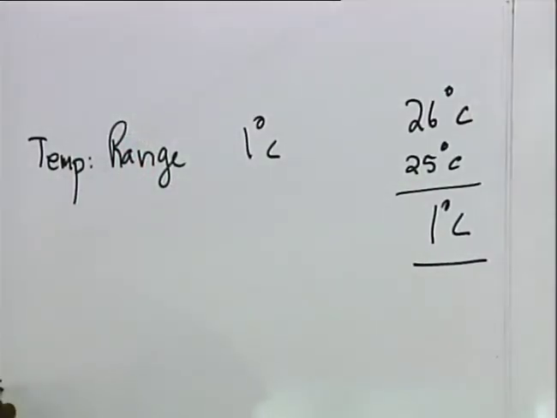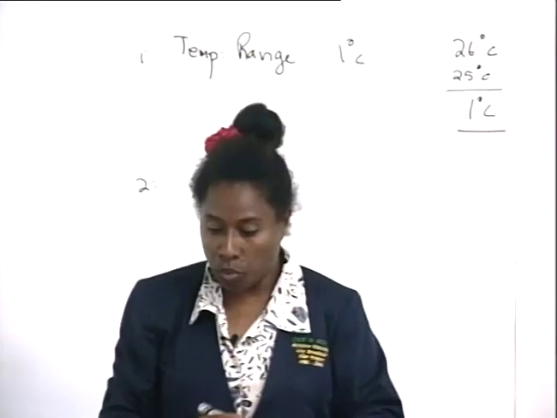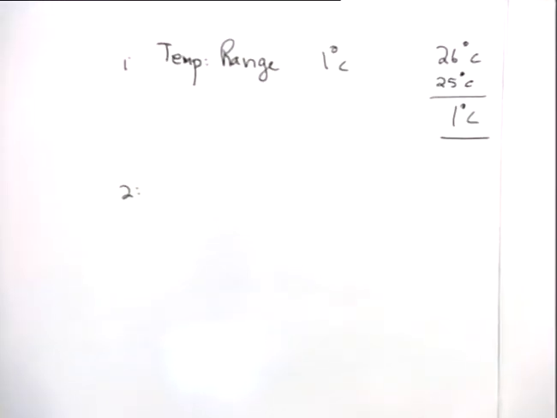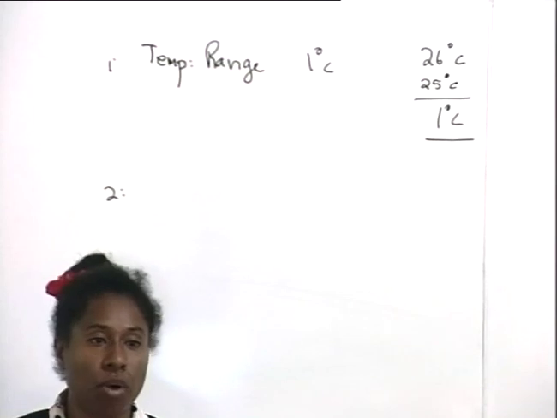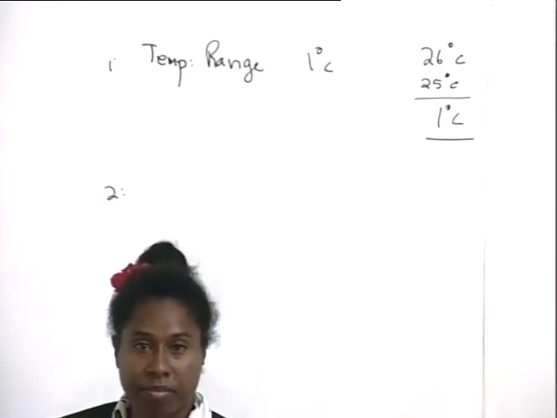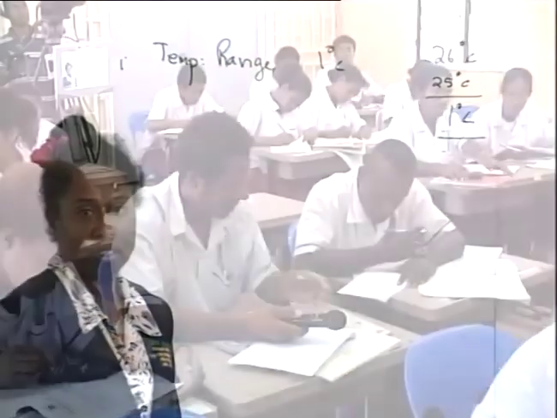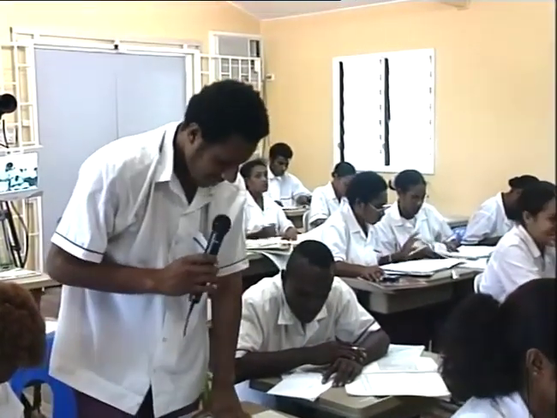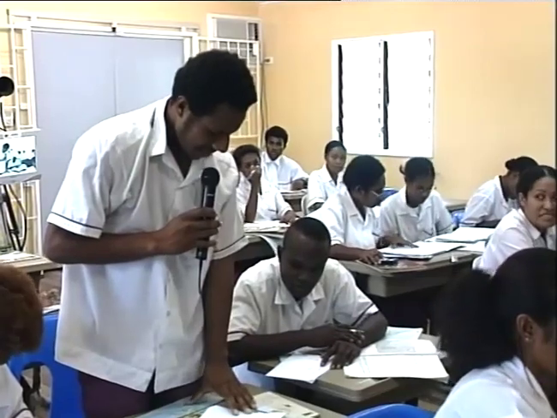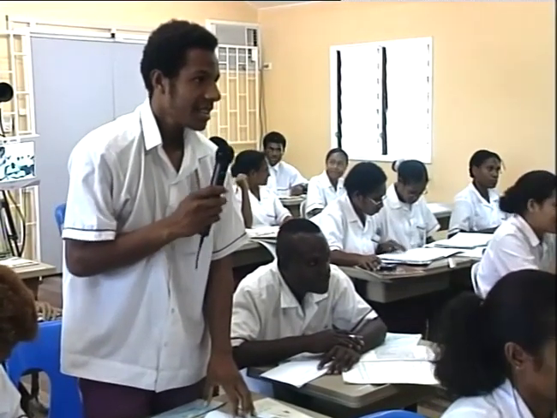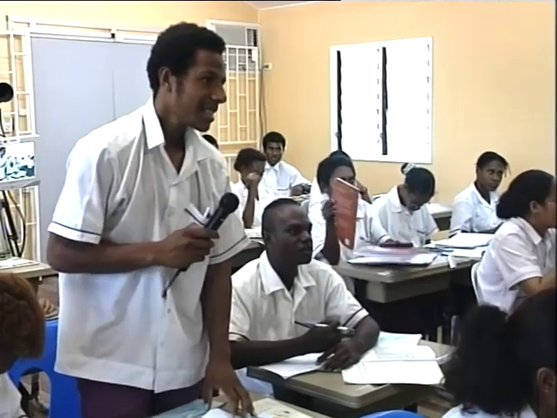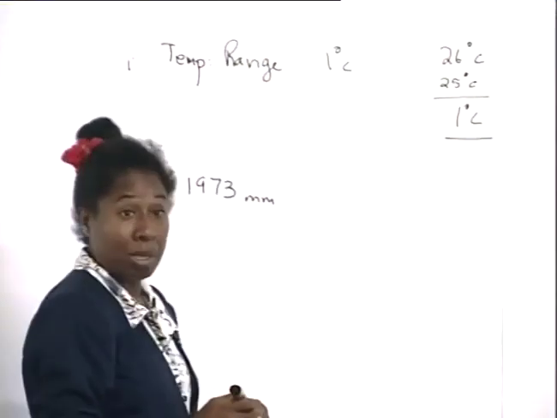Question 2. Gideon, what is your answer for question 2, which reads, what is the annual total rainfall? 1,973 millimeters. 1,973. Okay. Millimeters of rain.